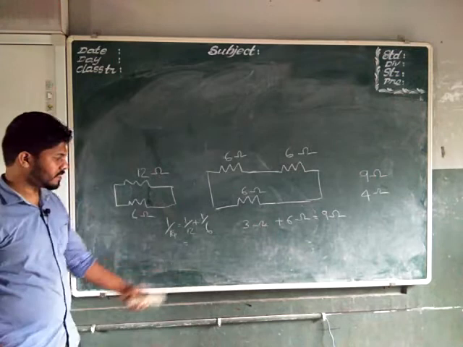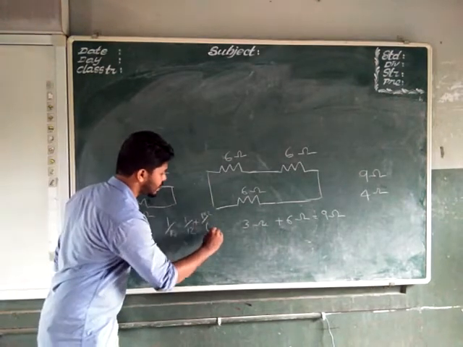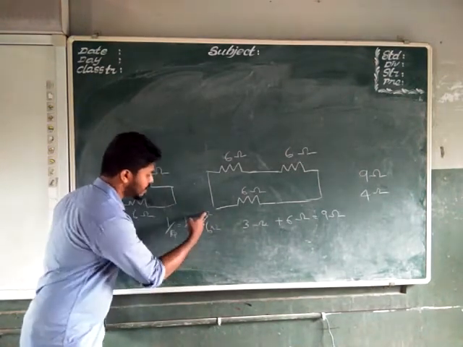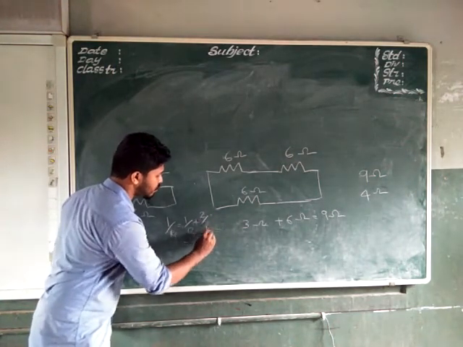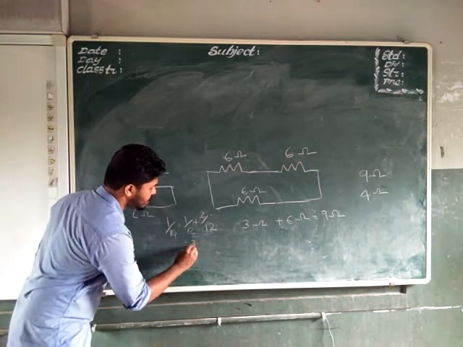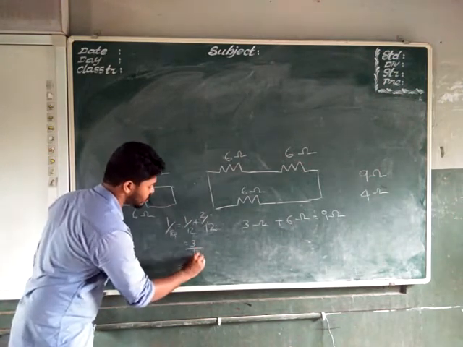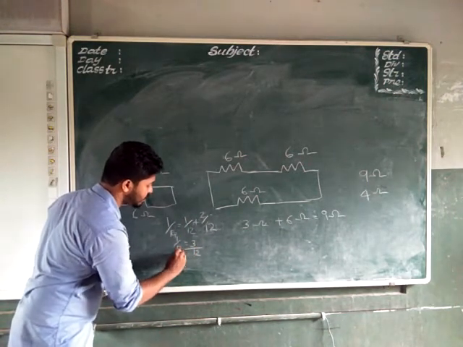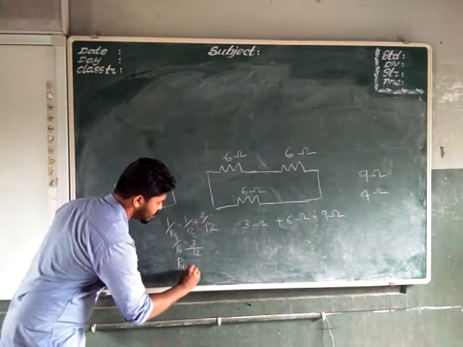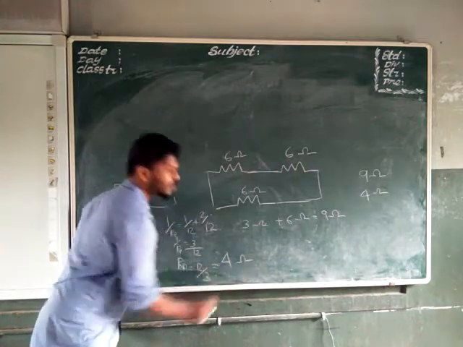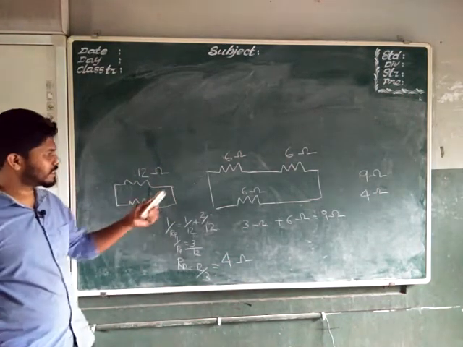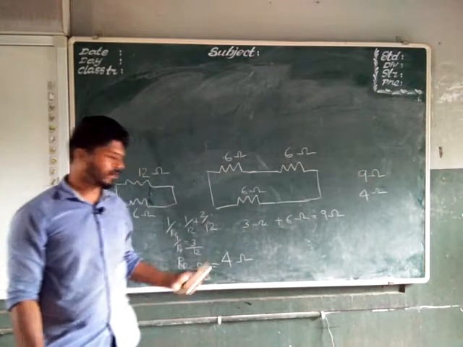We can take the LCM, 2 into 2 here, that becomes 2 by 12. Totally 1 plus 2 is 3, 3 by 12. 1 by Rp is equal to 3 by 12, or Rp is equal to 12 by 3, which is equal to 4 ohm. So when we connect like this, we can get 4 ohm also.